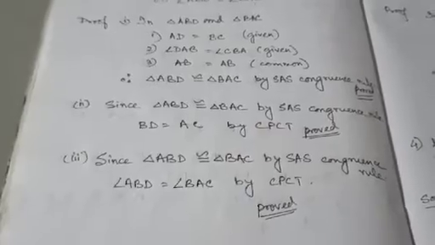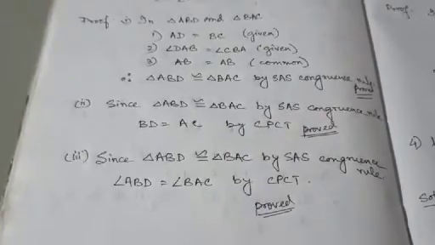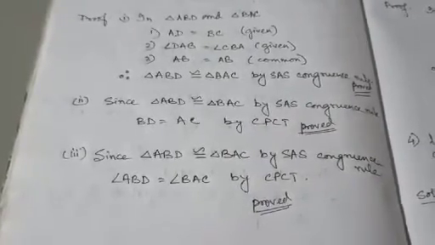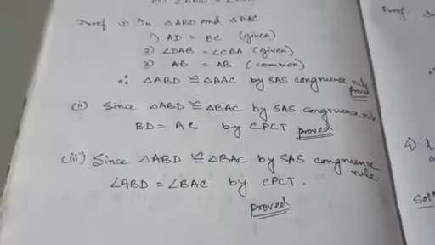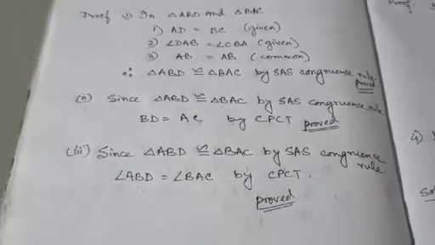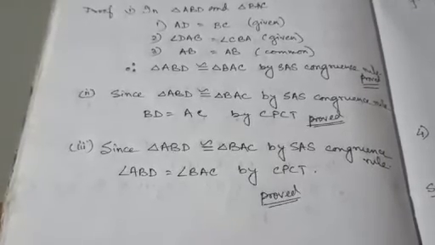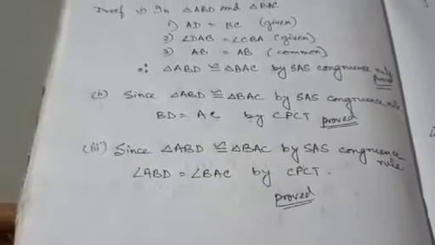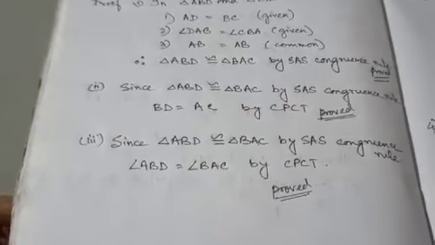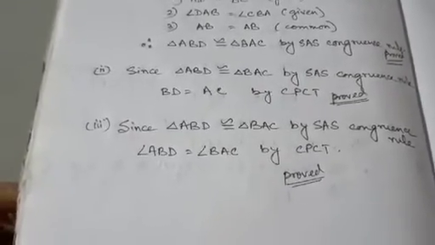So we can write, since triangle ABD is congruent to triangle BAC by side angle side congruency rule, we can say angle ABD is equal to angle BAC by CPCT, that is corresponding parts of congruent triangles.